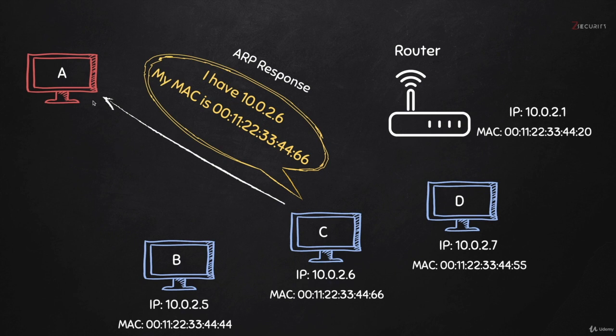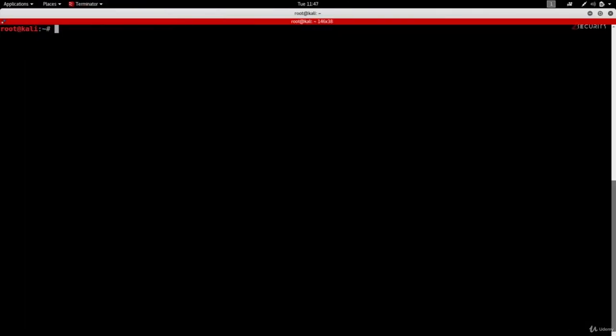So each computer has an ARP table which links IP addresses on the same network to their MAC addresses. So if I go on the Kali machine and do arp -a, you can see my ARP table here, and as you can see, it's linking the router's IP to the router's MAC address.